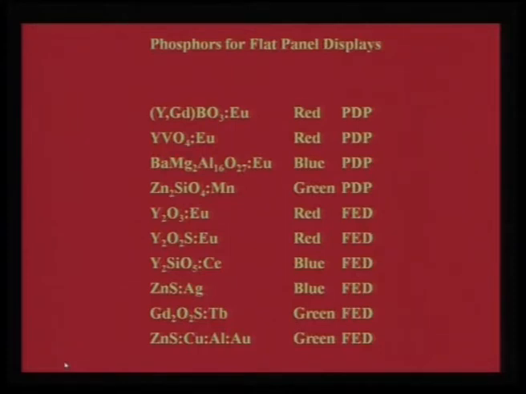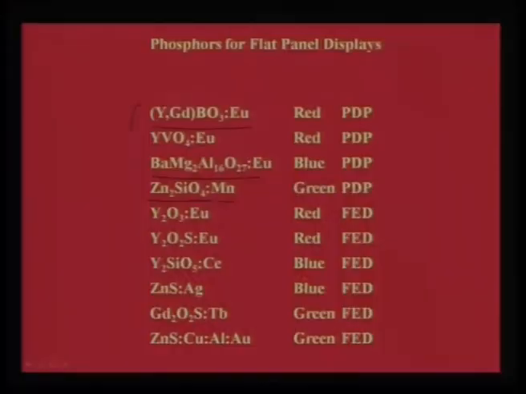Some of the candidates for plasma display panels are borates, aluminates, silicates. This is slightly different from the phosphors that are used in CRT tubes. The main reason the silicates and aluminates are preferred over the conventional zinc sulphide based phosphors is mainly because of the thermal properties.